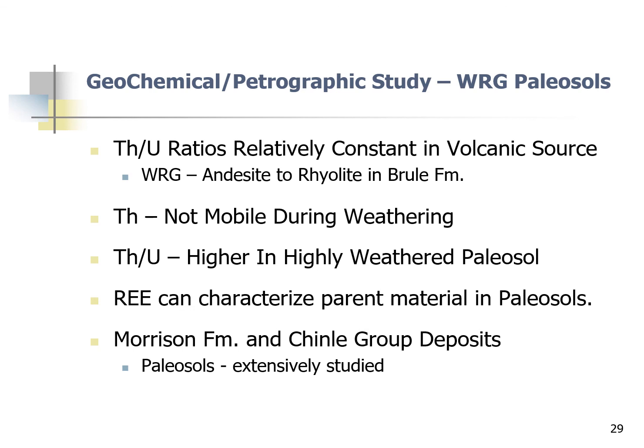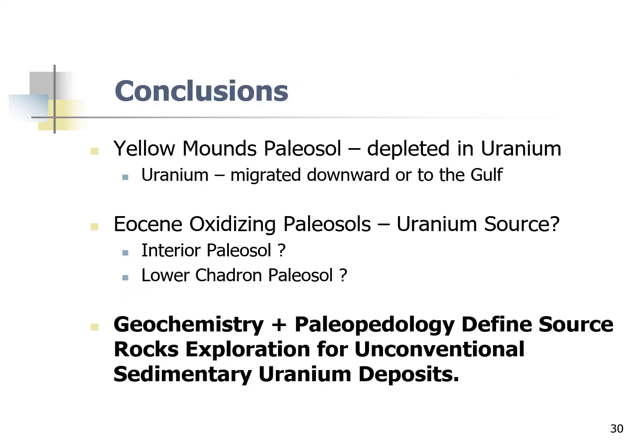What is also fascinating is that there's been a great deal of work done on paleosols in the Morrison Formation and the Chinle group formations in the Colorado Plateau. These have been extensively studied to study climate change and the evolution of dinosaurs, but nobody has really related them to the uranium deposits that occur in the Colorado Plateau.